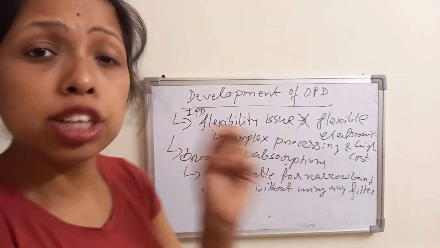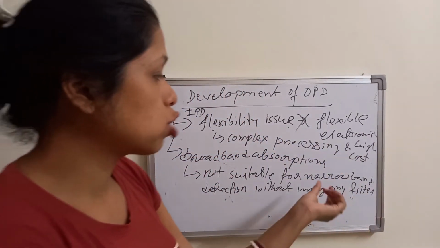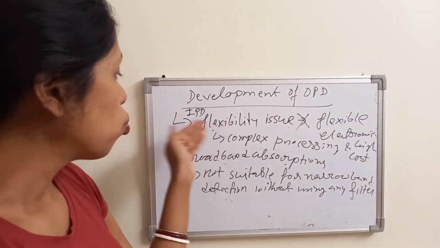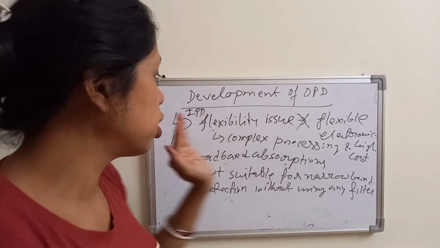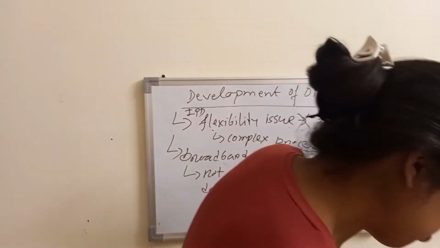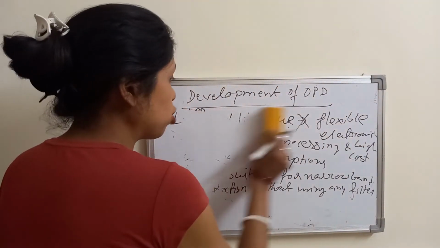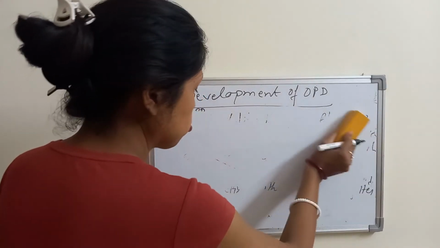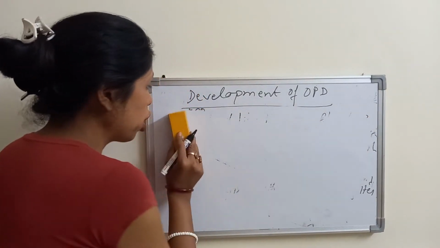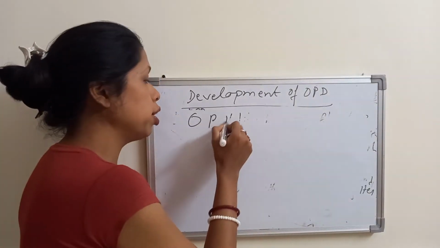But this can be used for other electronics purposes. For flexible electronics or narrowband detection applications, we cannot use the inorganic photodetector due to these limitations, right? So to overcome these limitations, the organic photodetector came into the market.